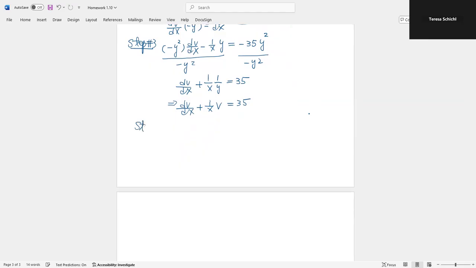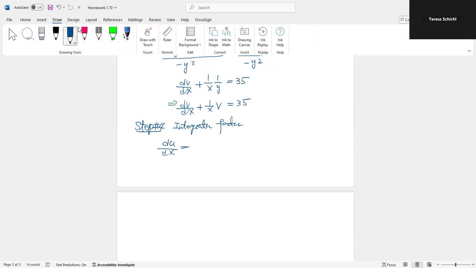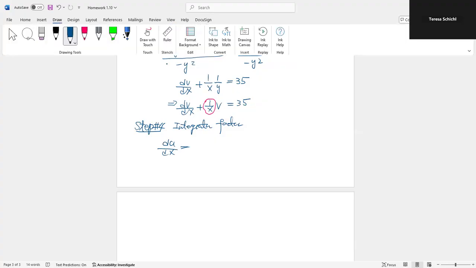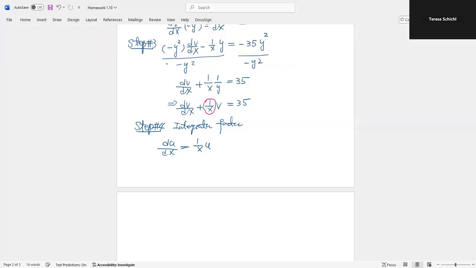What is the next step? It's step number 4. We want to find the integrating factor. So for the integrating factor, we always say du/dx is equal to, and this is my new p(x) here, so du/dx equals 1 over x times u.